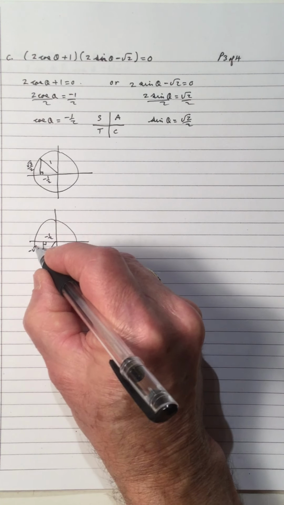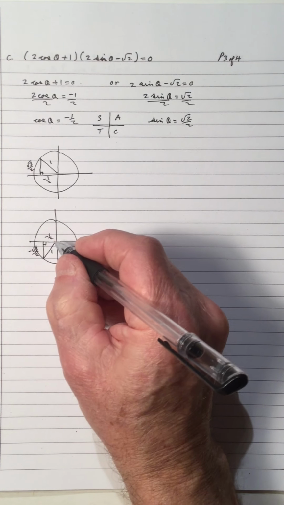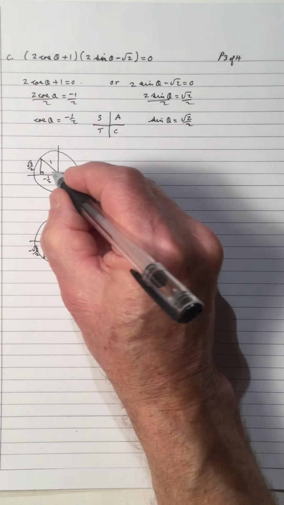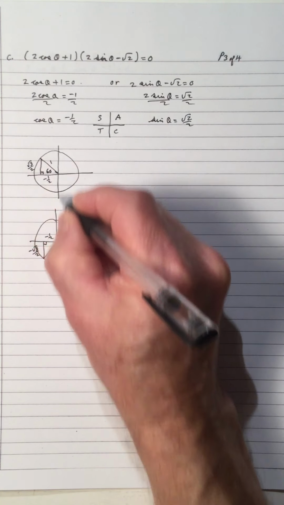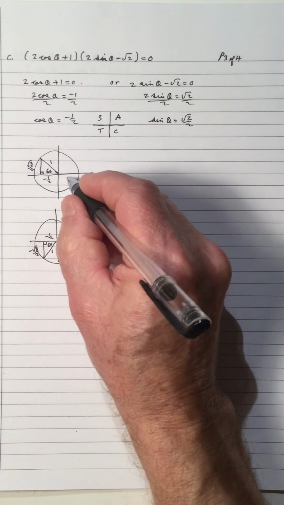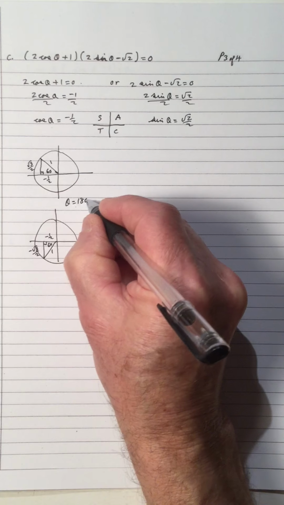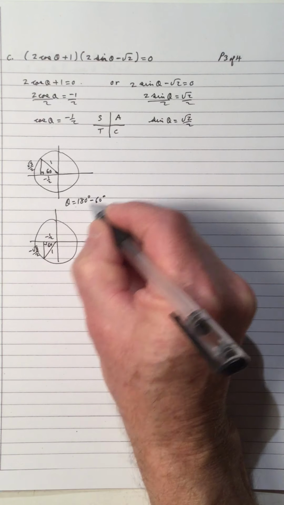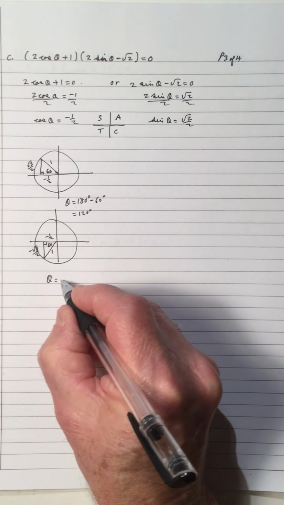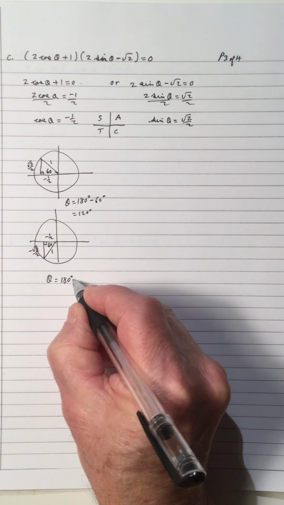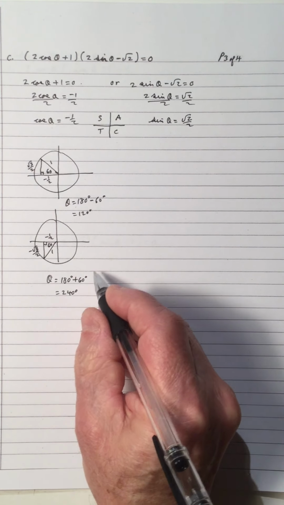Theta, the reference angle here, is opposite root 3 over 2, so that's a 60, and that's a 60. So in this quadrant, theta is 180 minus the 60, which is 120, and in the third quadrant, it's 180 plus the reference, which is 240.